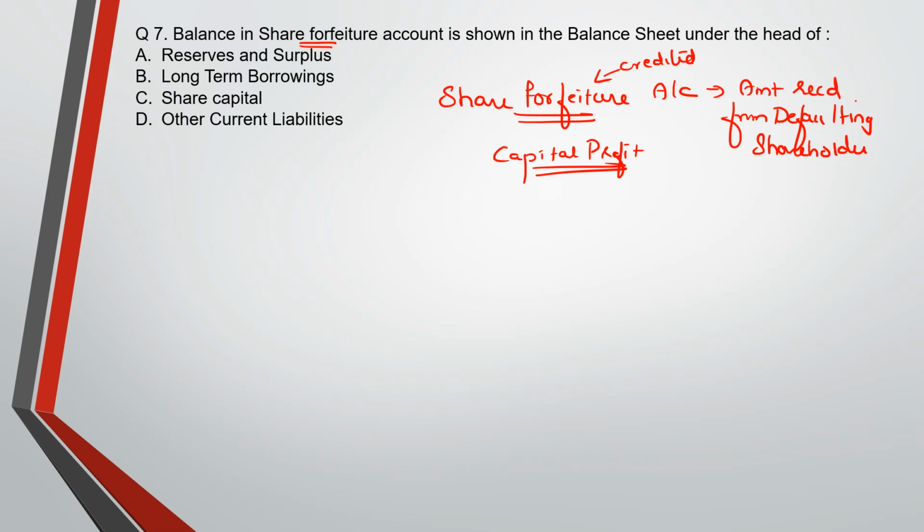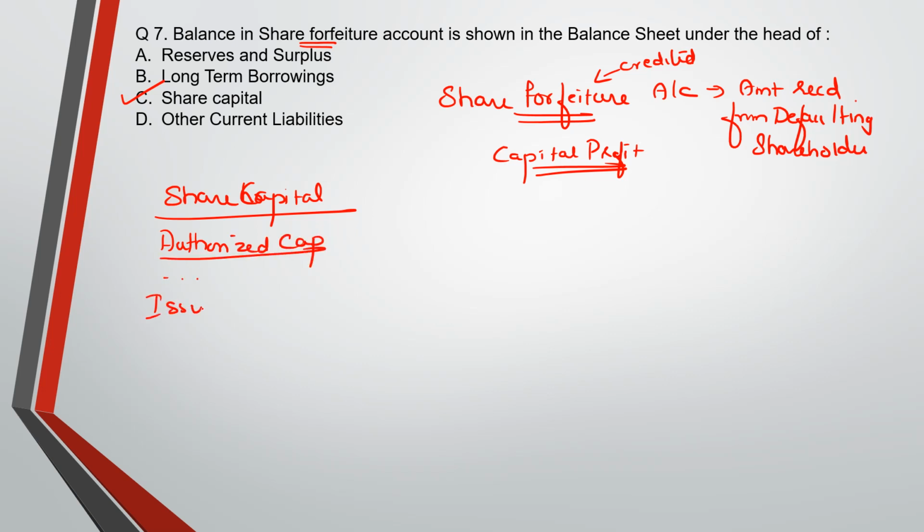Now, for this particular question, the balance in share forfeiture account is shown in the balance sheet under which head? Basically, when we have the share capital, that is the right answer, share capital, we have the notes to accounts where we will be writing the authorized capital, the details. Then we would be writing about issued capital, the details of how many shares have been issued. Then we have the subscribed capital.